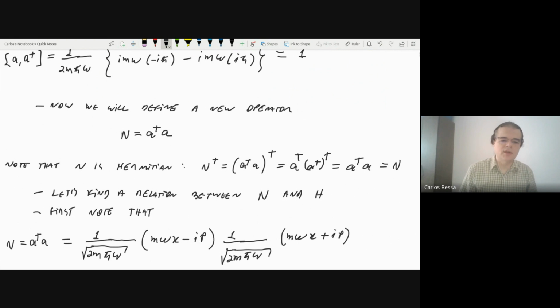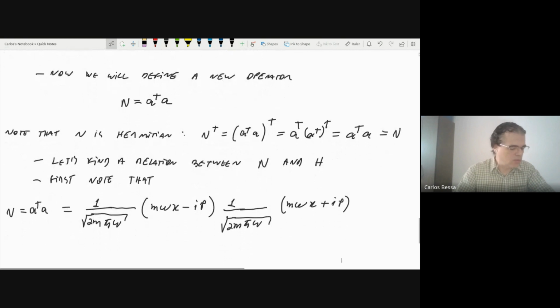So this is the A dagger and this is the A that we defined above.